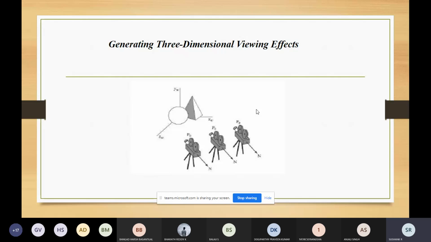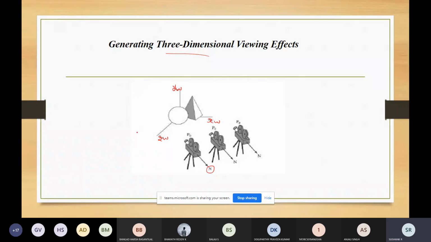That is done by using this normal vector n and also some point position p naught, which can be represented by x naught, y naught, z naught. So this is the world reference frame xw, yw, zw. Now, how can we generate 3D viewing effects?